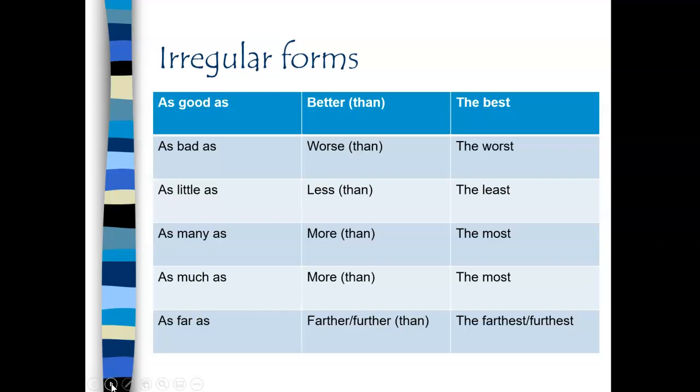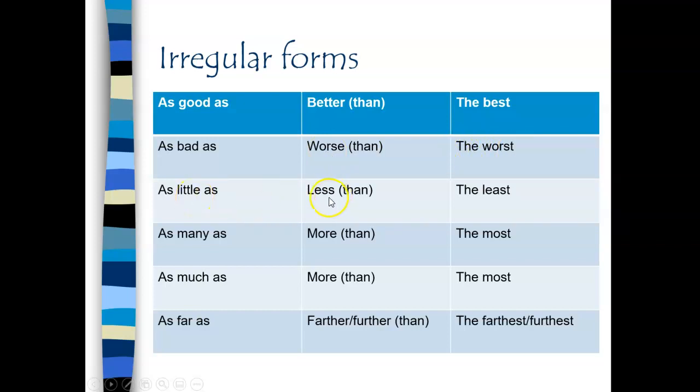There are lots of irregular forms, but in fact there aren't that many, and these are the most common ones. Good: the comparative form of good is better than, or the best. Bad is worse. It is worse than I thought, and it was the worst.